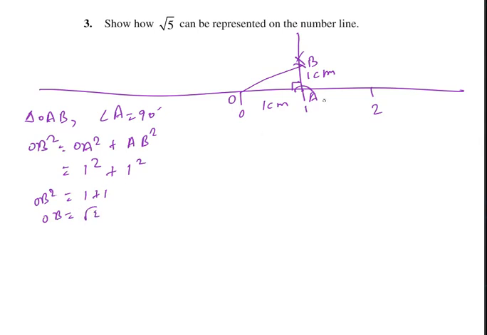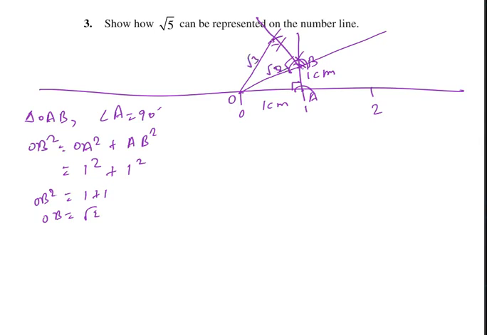So we have seen already how to represent root 2 on the number line. Likewise we can continue and represent root 5 on the number line. We extend this and draw an arc, so that we can draw one perpendicular. Over this perpendicular, if we draw a 1 centimeter arc and join to the origin, this is root 2, and now this is root 3.